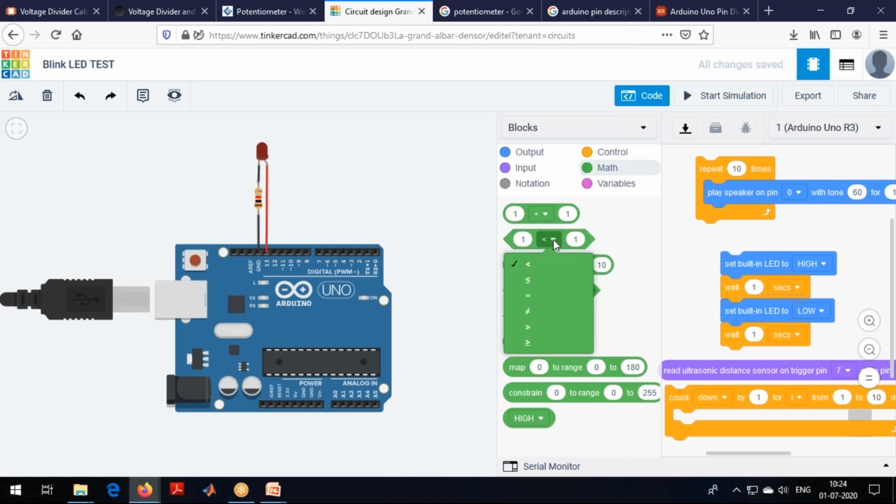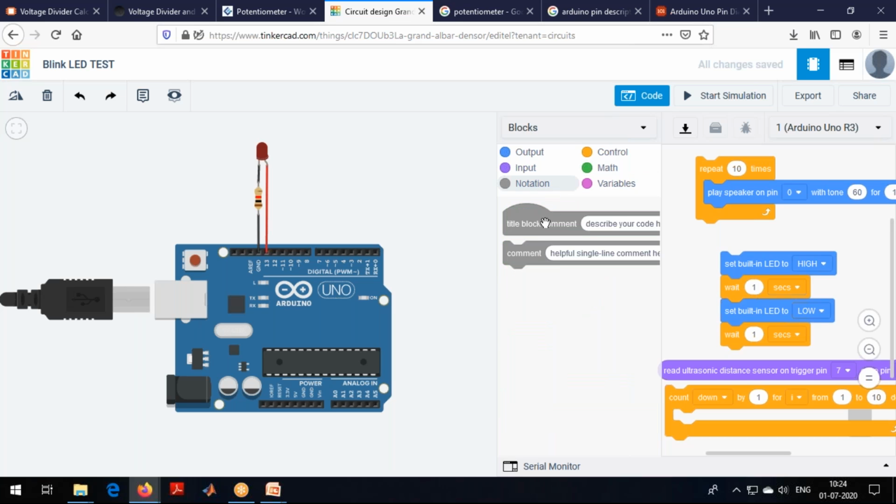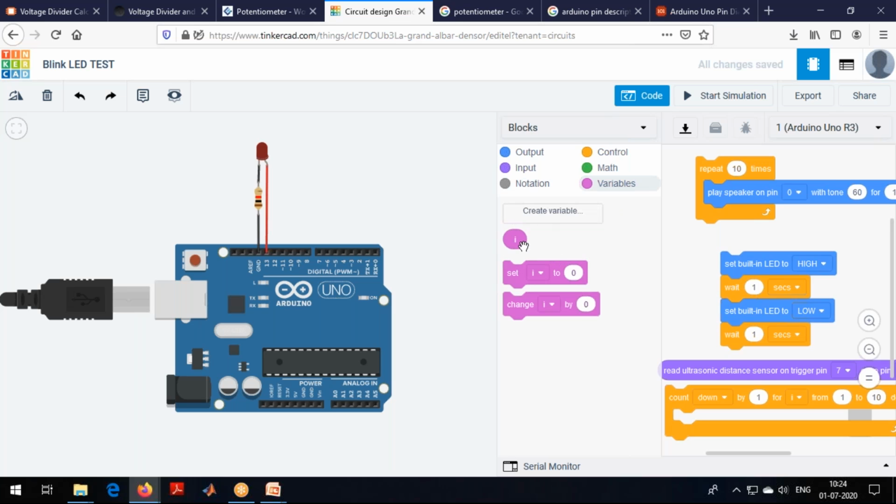Okay, similarly comparison, if you want to do whether it is less than or greater than. Okay, picking a random number. Okay, you want to do any and or operation, not operation. So these are some mathematical things. Notations, if you want to write any comments, we can use. Variables, you can create your own variables. Okay, anyway, this is sufficient. While we go with experiments, these things will be more clear.